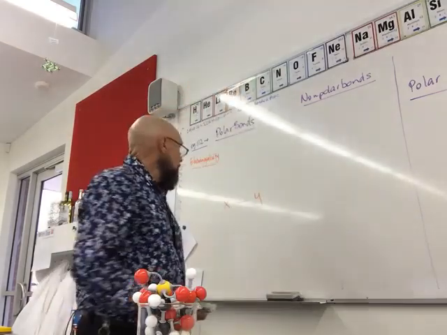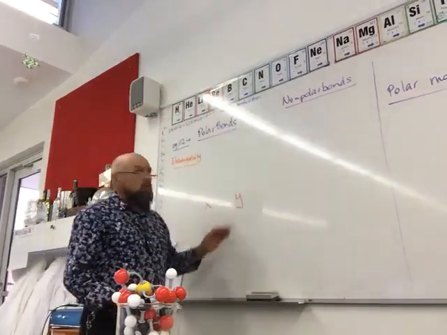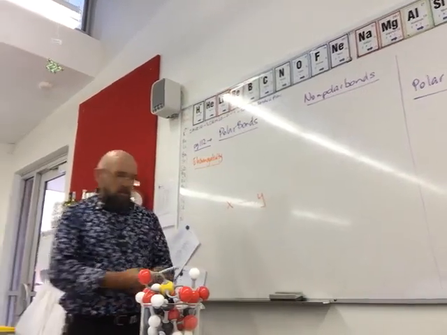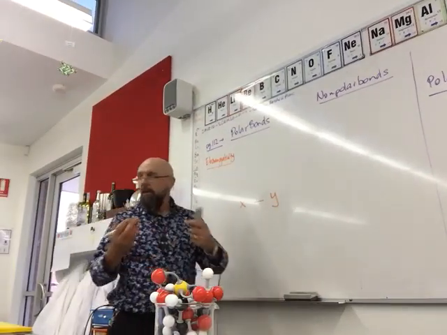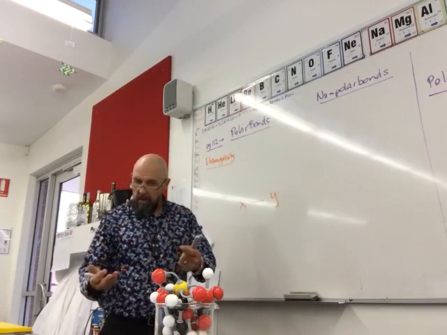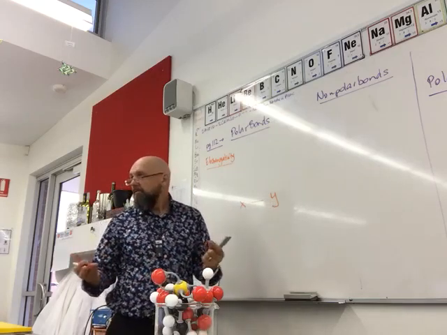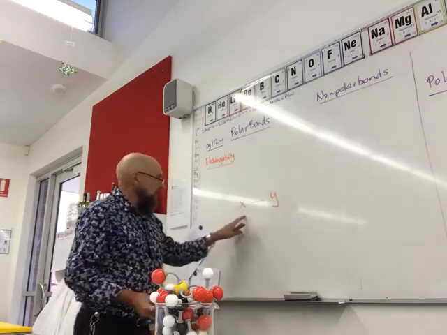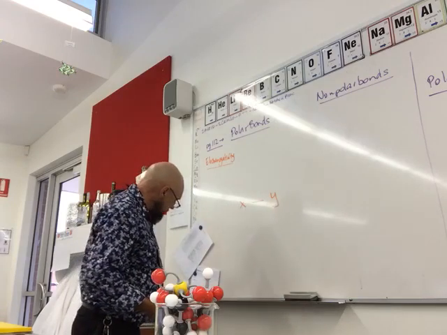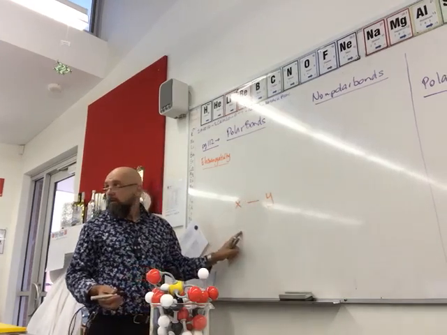Okay, so here it is. If it's X and Y, it's fairly obvious it's two different atoms. And so what that means is I look at my periodic table and I work out, well, which is the most electronegative. Let's assume that X is the most electronegative, in this little worked example.